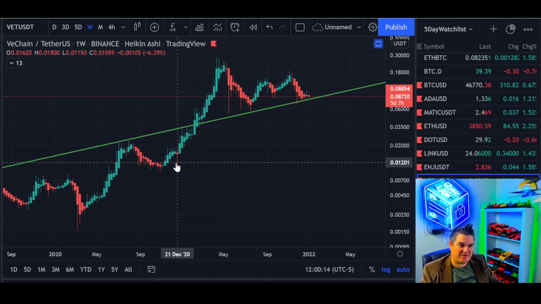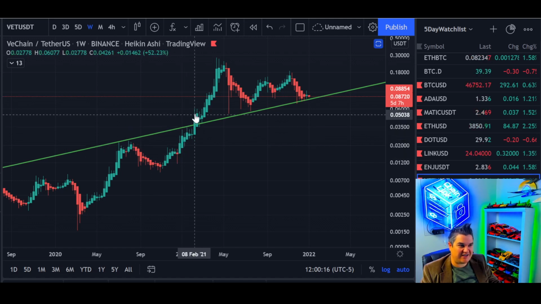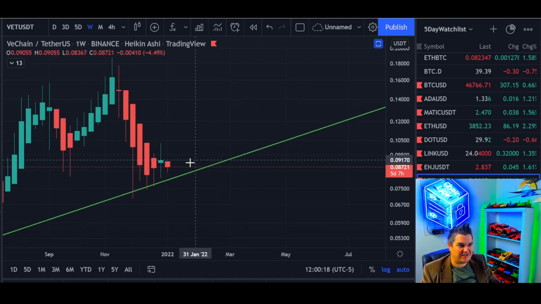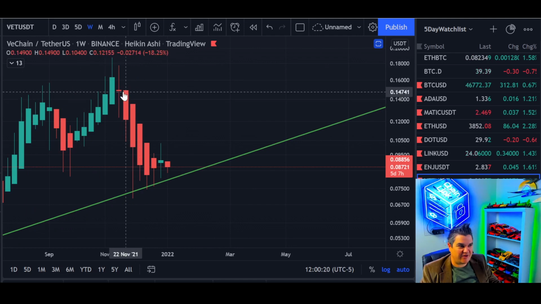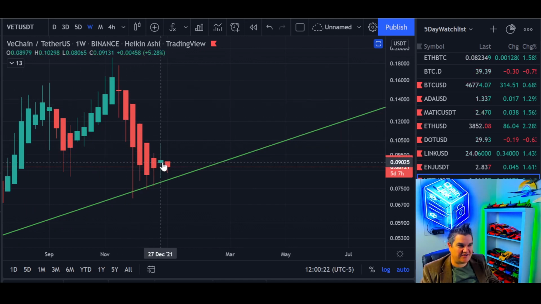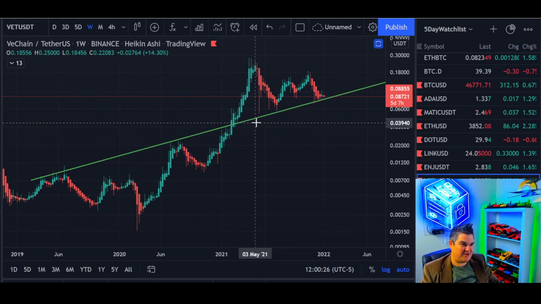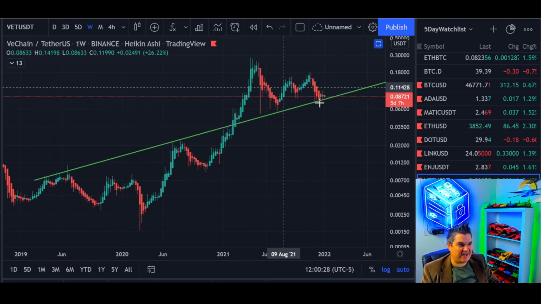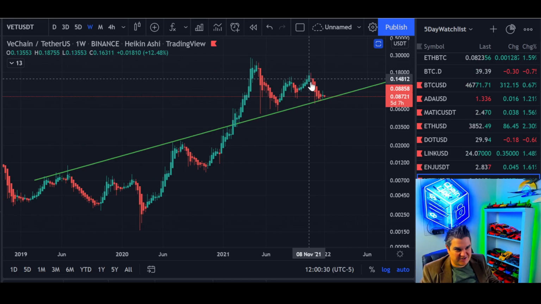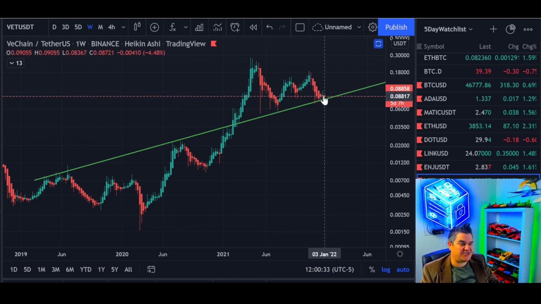Even though this kind of faked out, look at that. That was it, right? And now look at what we just did last week. Red. Warning, trend reversal possible. That's what I like to see. You want to see these red downtrends and then a flash of green. So we will see. This one doesn't close yet.